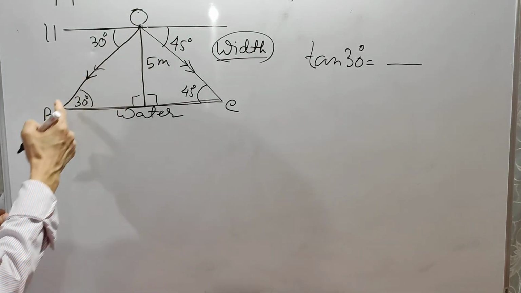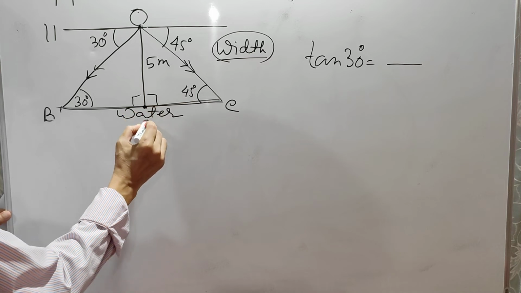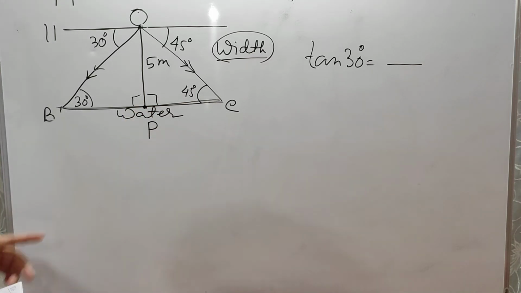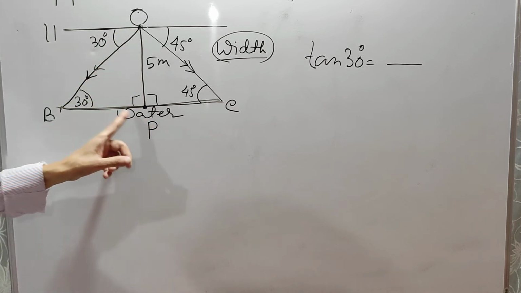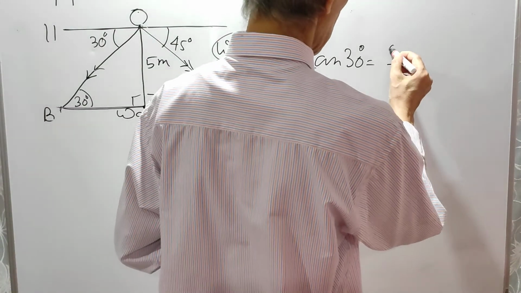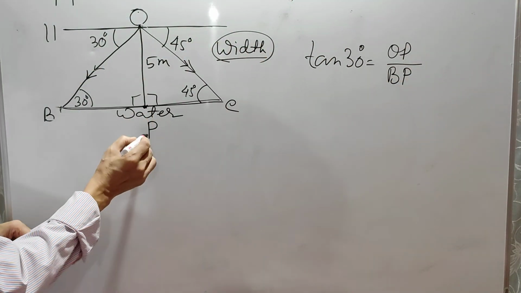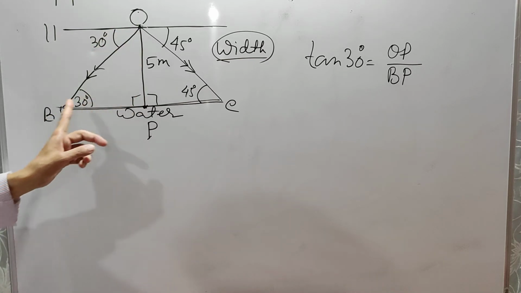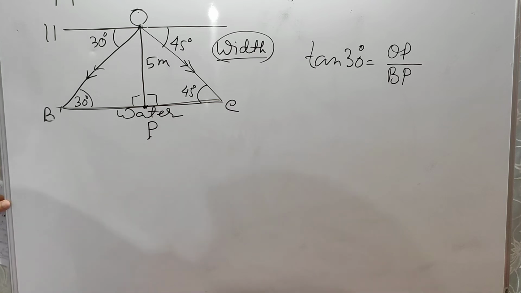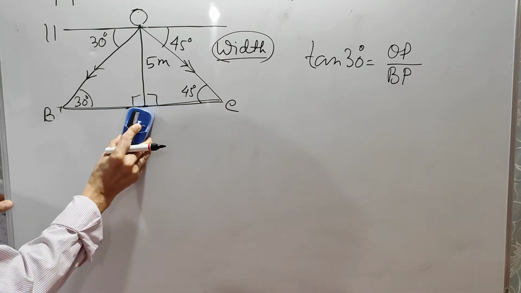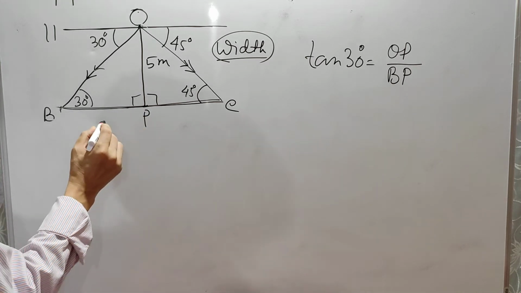Considering this triangle OBP, suppose this point is P on the water surface.